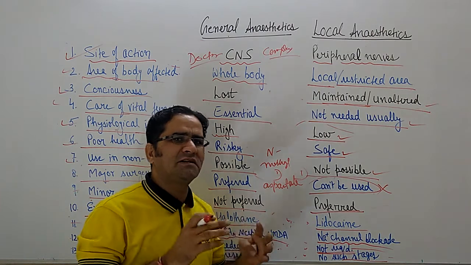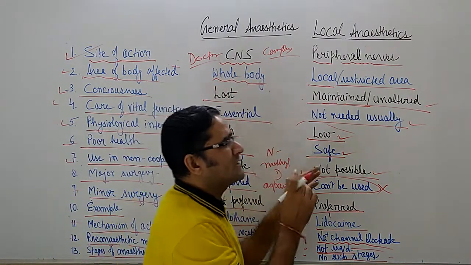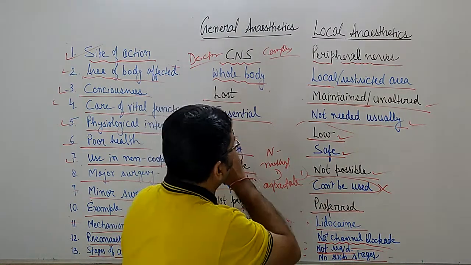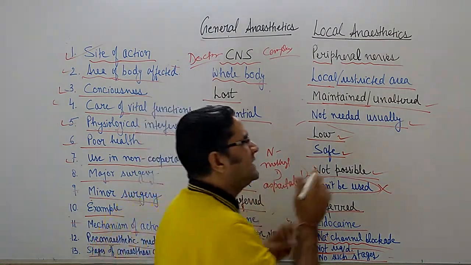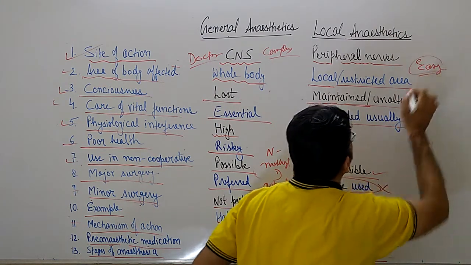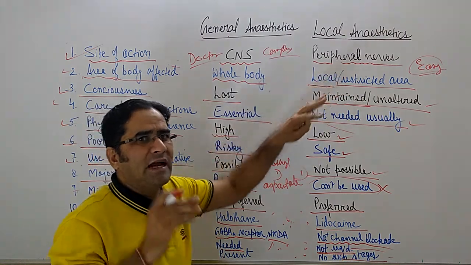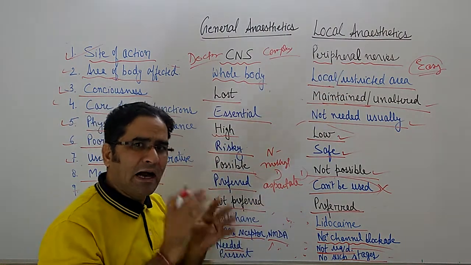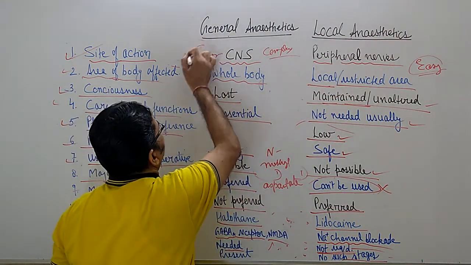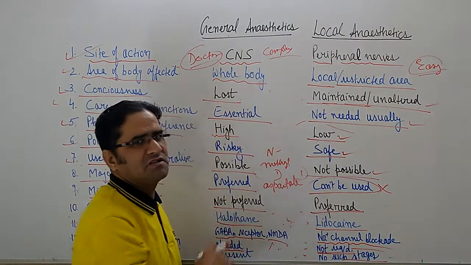It requires special supervision. But in case of local anesthetic, it is not that complex. It is quite easy, far easier in comparison to general anesthetic. Not that much machinery and things are required. I am talking on the basis of the medical practitioner, the person who is using this in the patient.